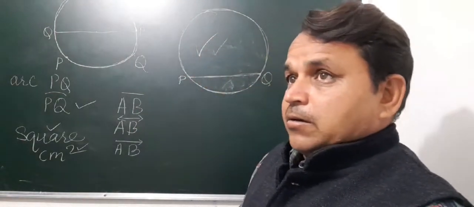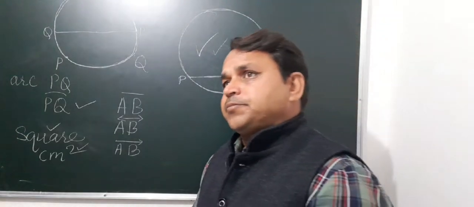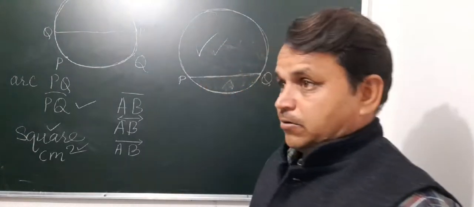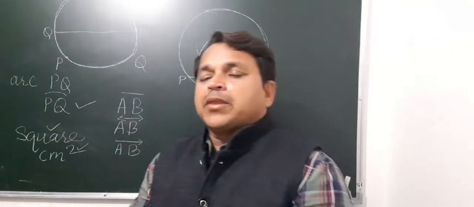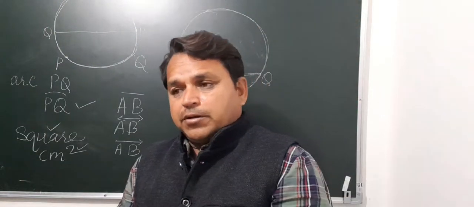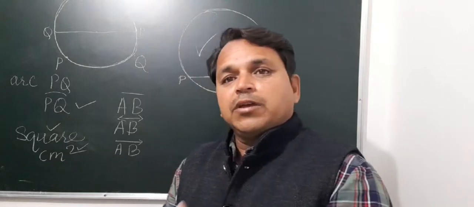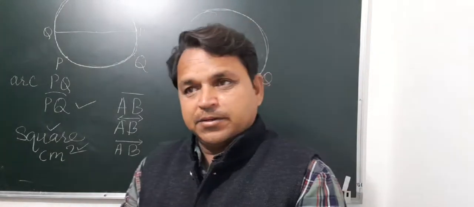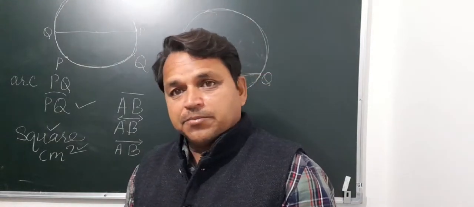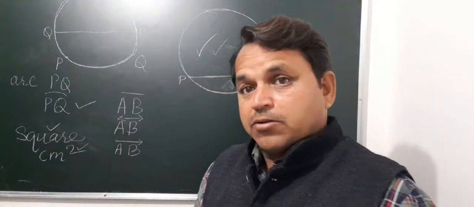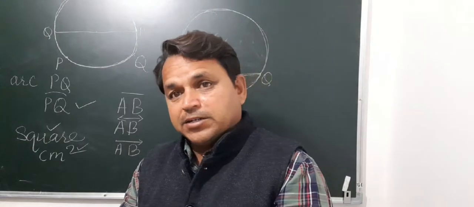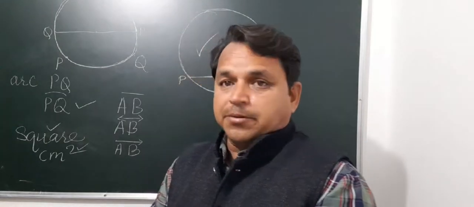What is a sector? We have to know about sector also. So first of all, we have left one thing. Which chord divides the circle into 2 equal segments? The answer is straight and simple. The diameter, which is the longest chord of a circle, divides it into 2 equal segments.